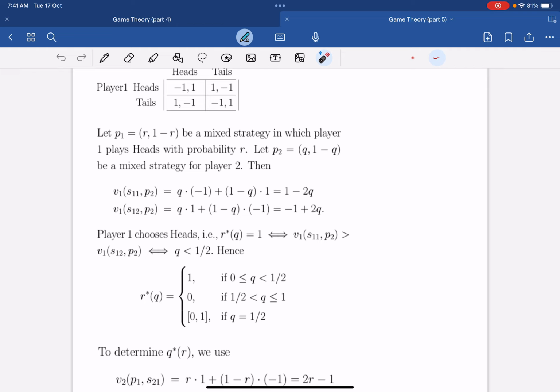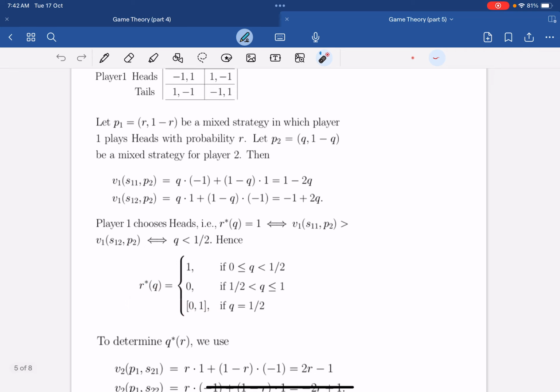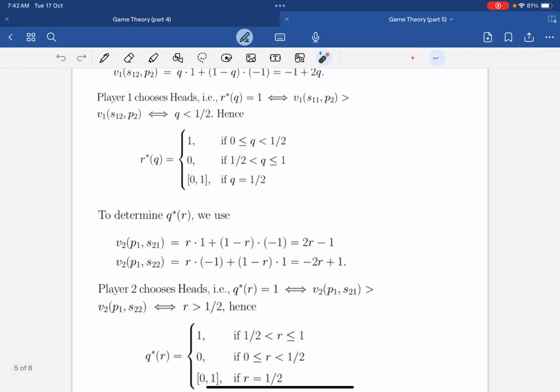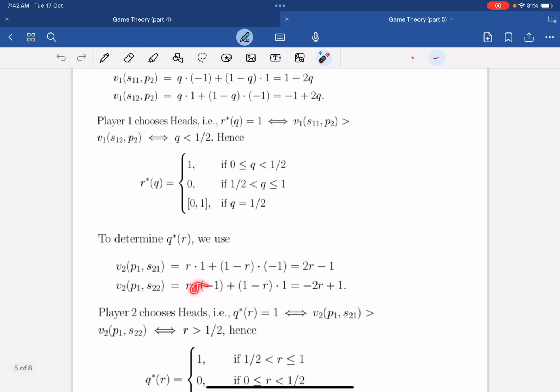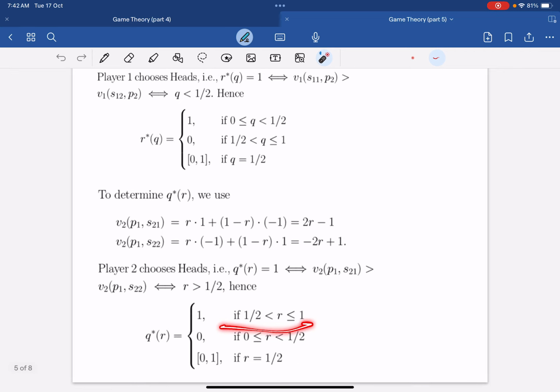But if Q is half, then your probability of choosing heads can be anything between 0 and 1. And then now we find the best response to R for Q's probability. It's the same thing: you find the payoff function and we choose heads if it's larger, which means R has to be larger than half. And we again similarly write the best response function.